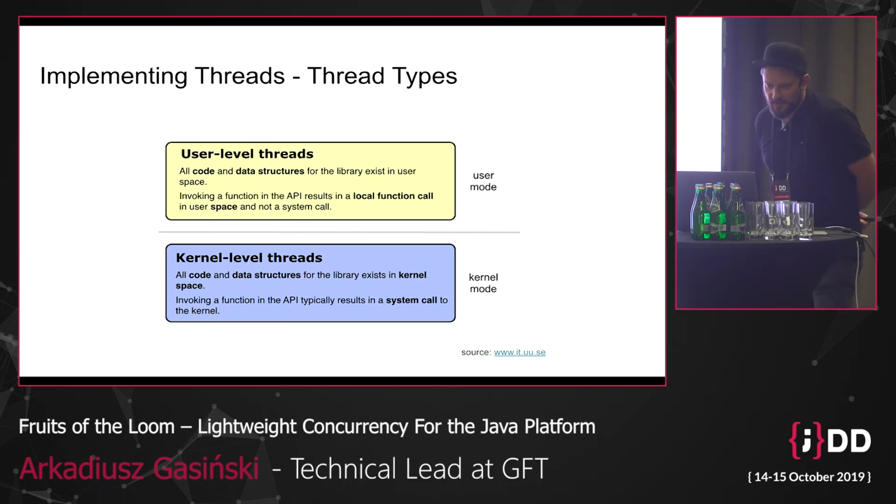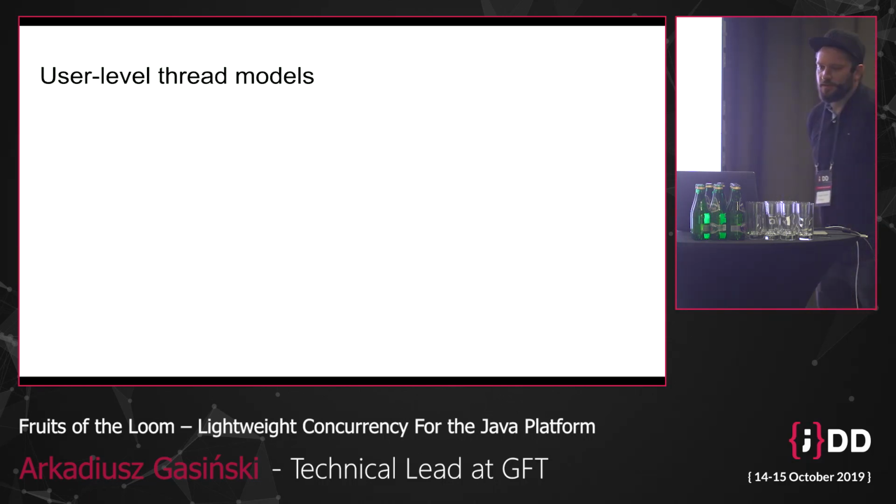I won't be discussing this, but let's focus on the user level threads. These are the threads that are supported and managed by the runtime system that we use, like our JVM, and they exist above the kernel, without or with little kernel support. So these are the threads that you work with in your applications.